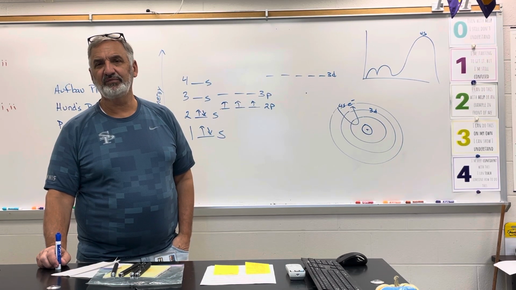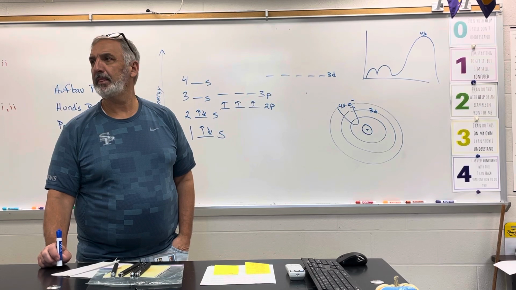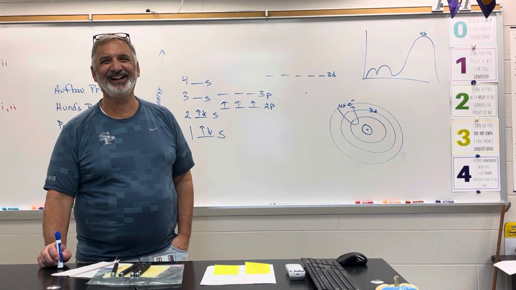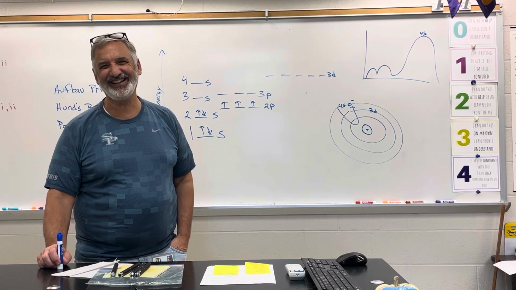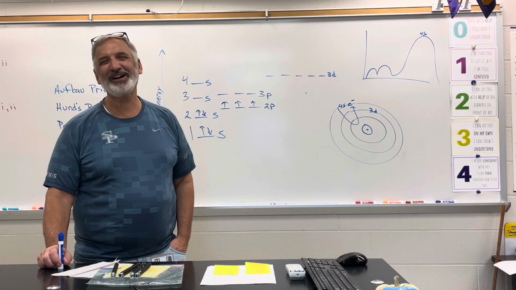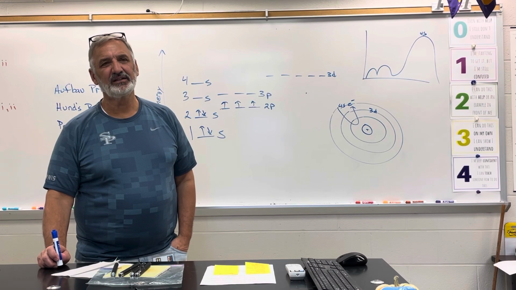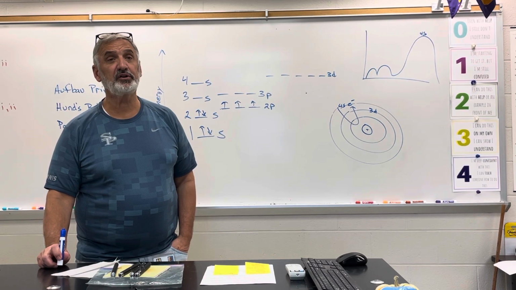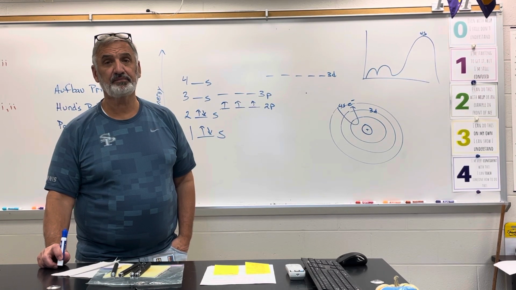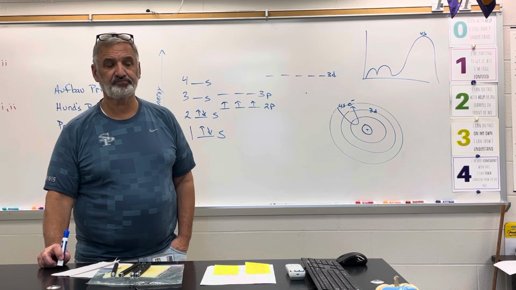Oh, he had a pet cat. Schrodinger. I was going to say Hemingway. No, not Hemingway. Wrong AP class. Schrodinger treated the electron like a wave. I think it's in the notes somewhere. It is. All right.